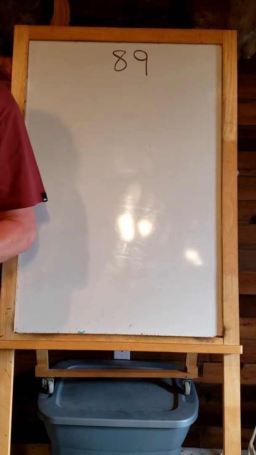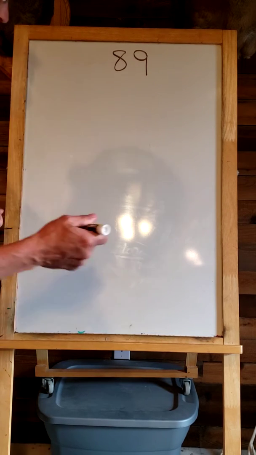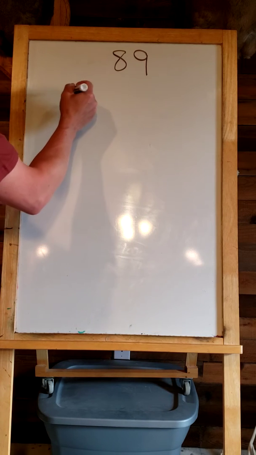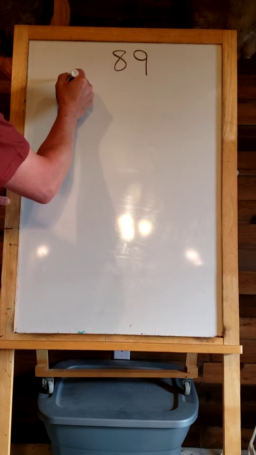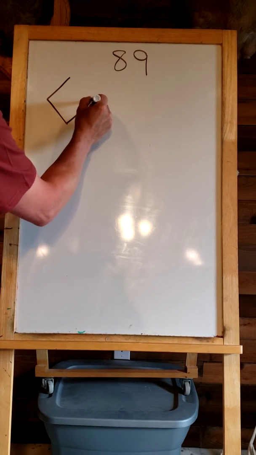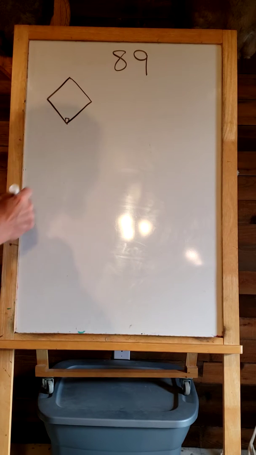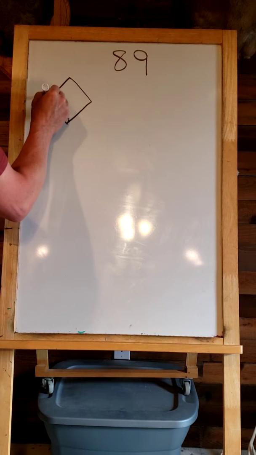Lesson 89, diagonals, interior angles, and exterior angles. When I think of a diagonal, I think of a baseball diamond.